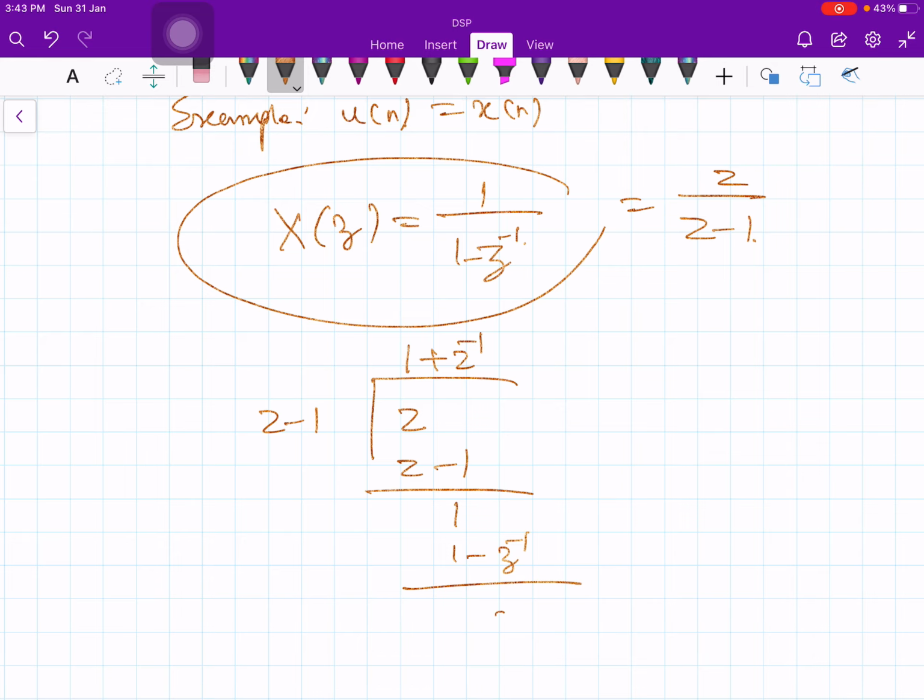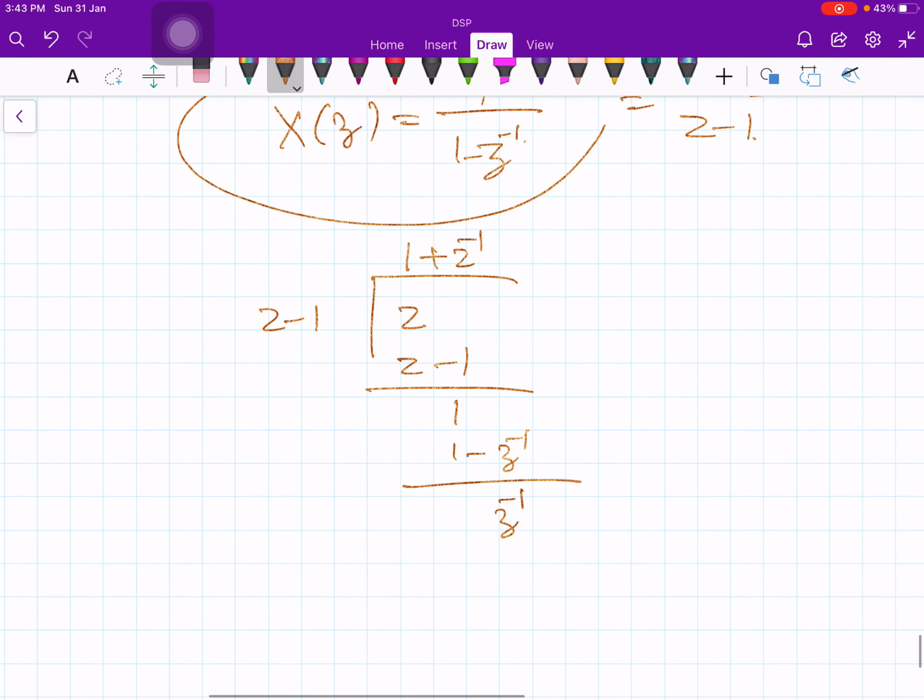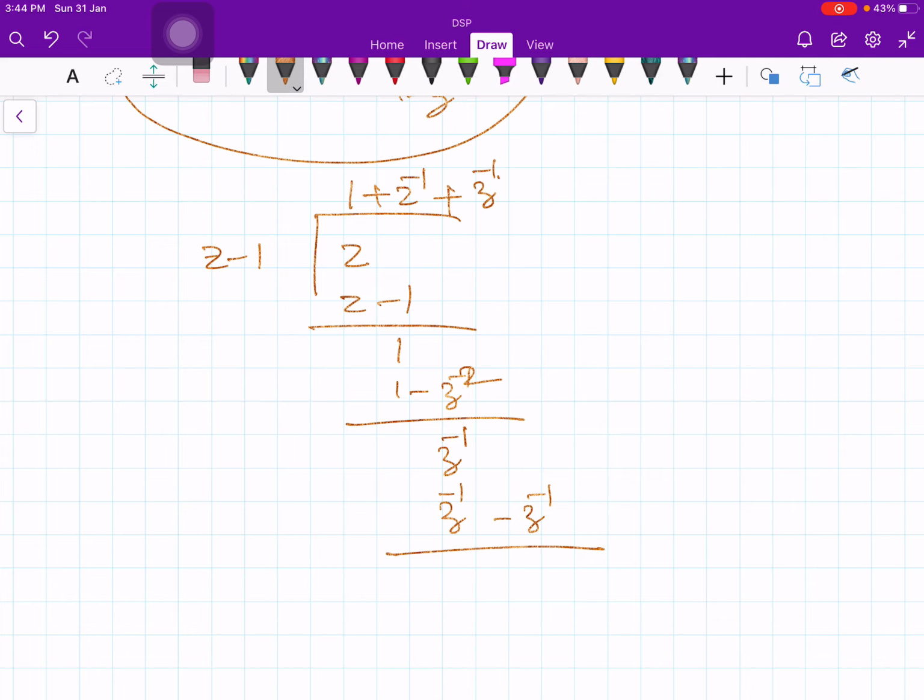Then again subtract, you will get Z inverse, and again you multiply by Z inverse, then this becomes Z inverse minus Z to the minus 2.